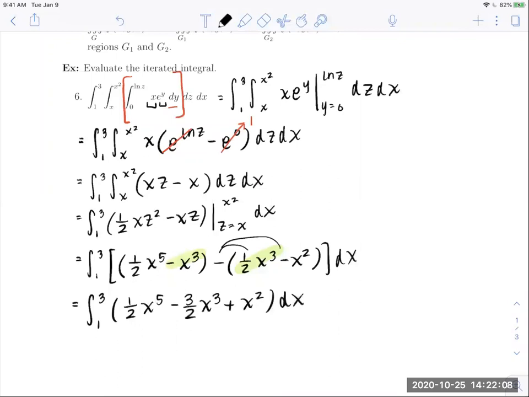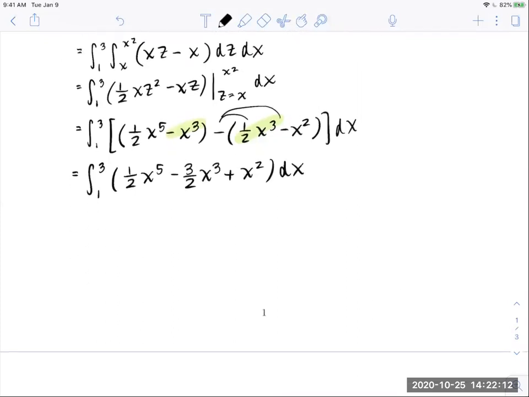So we have our integral simplified, and now we're back to just a single variable integral from Calc 1. This is going to become a 1/12 x to the 6th minus a 3/8 x to the 4th plus 1/3 x cubed, where x is ranging from 1 to 3.